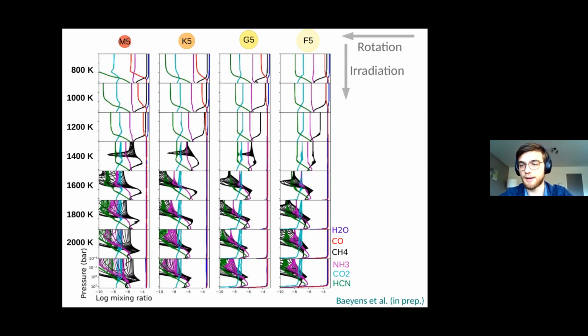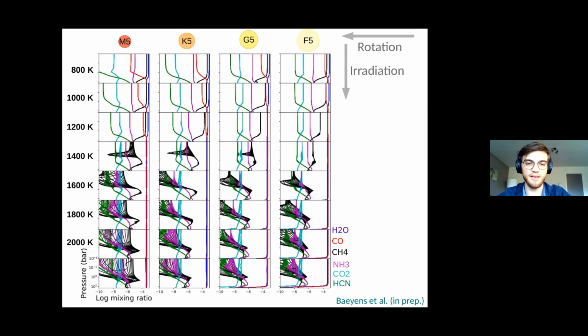And then here I show you again a very big plot, a collection of a lot of these plots together for a subset of the grid. It's again in the same format. The radiation increases downward, and the rotation increases towards the left. And there is again a lot of stuff to analyze here, of course, but I just show you again the big picture.